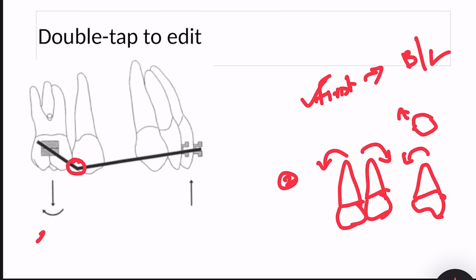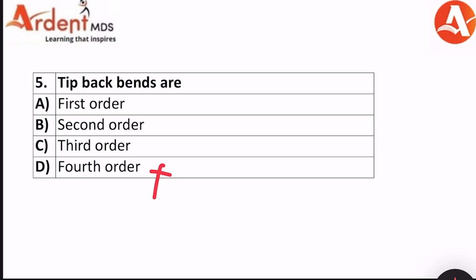So, what does it do? This bend makes the crown of the molar move distally and the root of the molar move mesially. So basically what is happening? The tip back bend is changing the mesiodistal angulation. Now we know that the second order bends are meant for changing the mesiodistal angulation of the teeth. So the tip back bends are nothing but the second order bends.